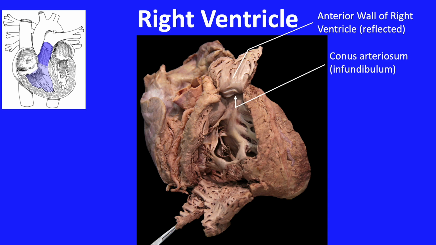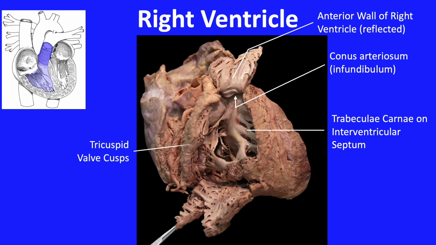Separating the right ventricle from the left ventricle is the interventricular septum, characterized by trabeculae carneae, rich light structures. Do not confuse these with musculi pectinate. They're not one and the same. Entry into the right ventricle is via the tricuspid valve, and the cusps of this valve are now labeled.